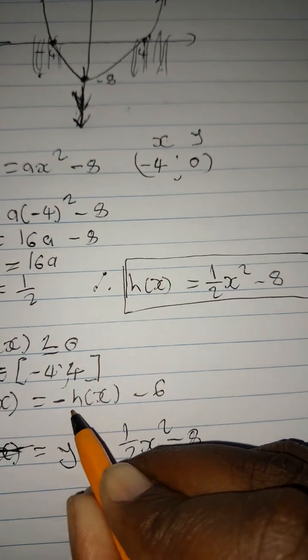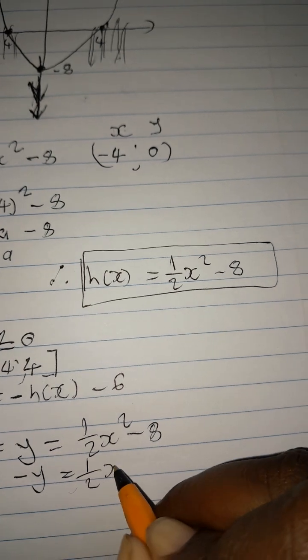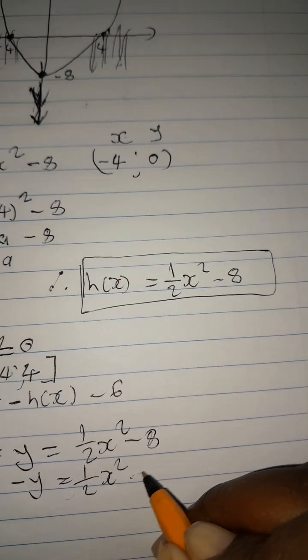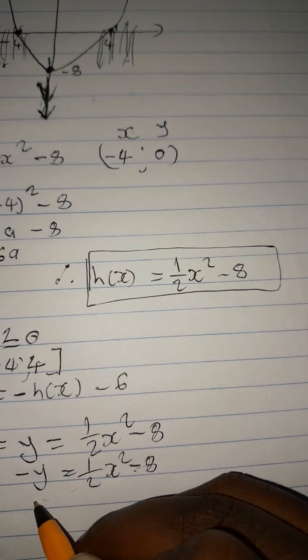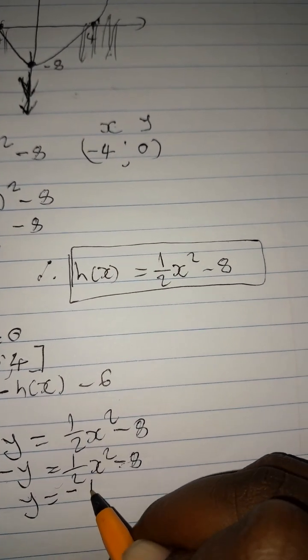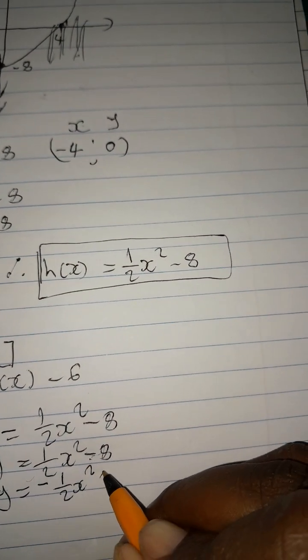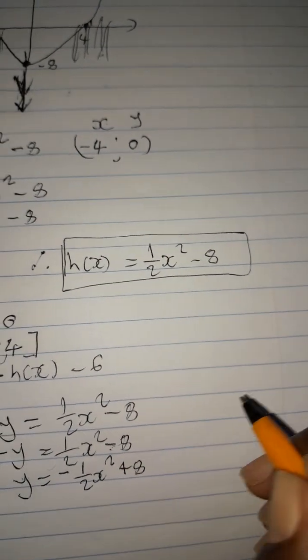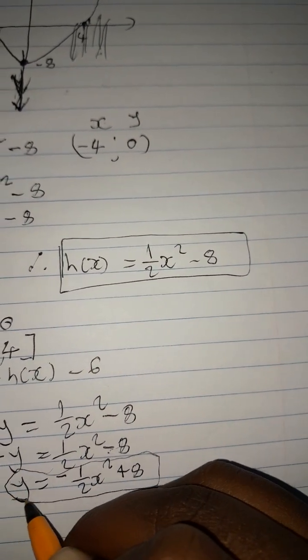When they say negative, it means that the y value is negative. So I'm going to say negative half x squared minus 8, then divide everything by negative. Negative and negative is positive. If you divide here, you are going to get negative half x squared. If you divide negative 8, you're going to have plus 8. So we already have our equation of negative h of x.